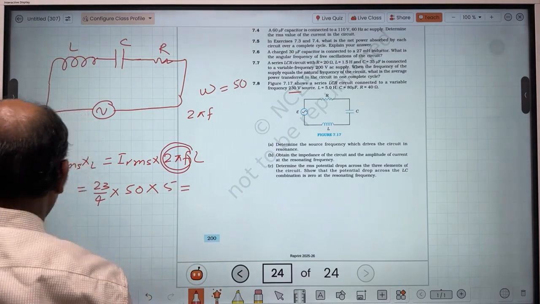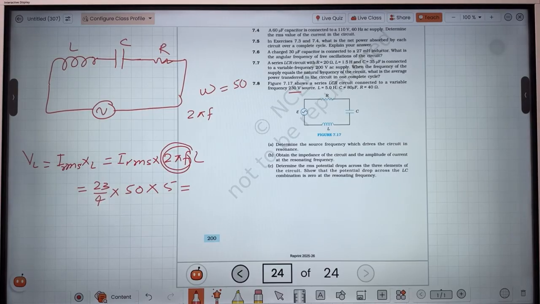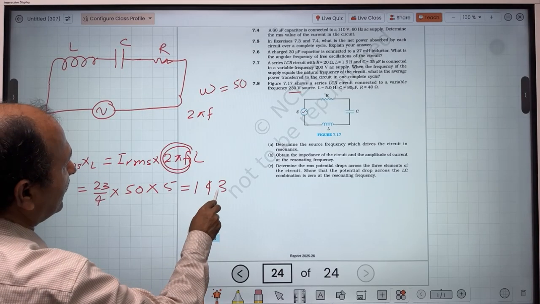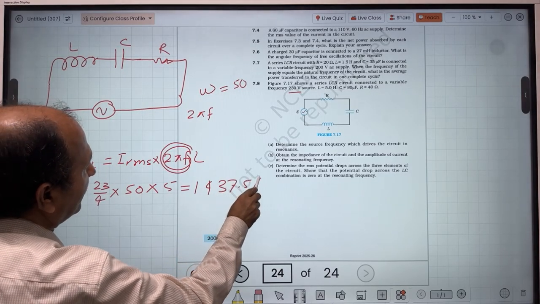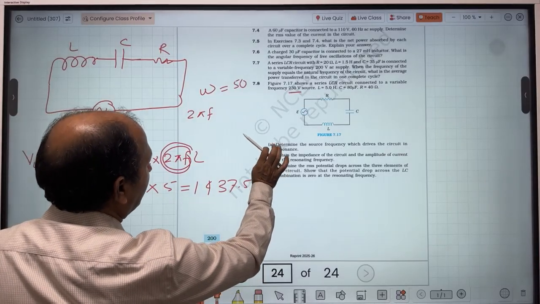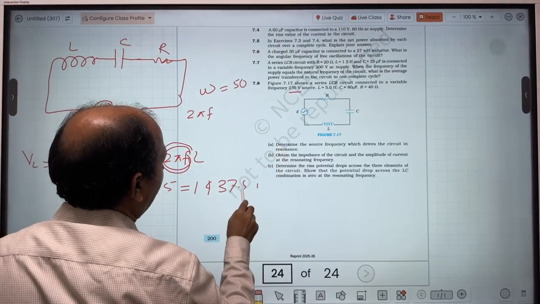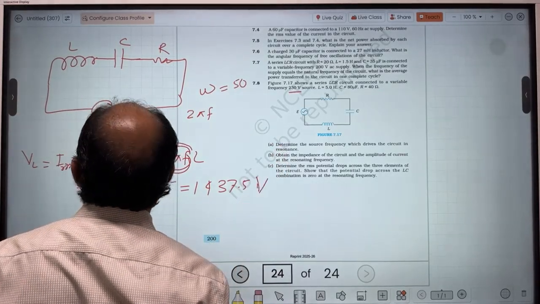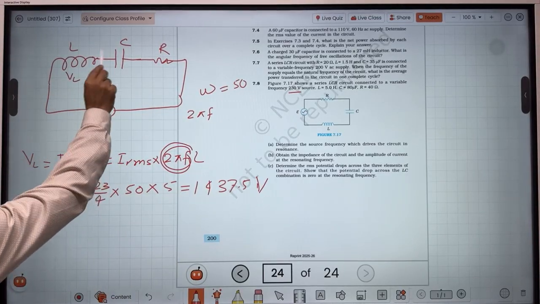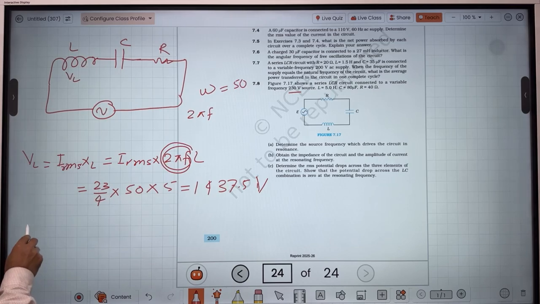So we can find out the voltage will be 1437.5. No, this is not current, this is voltage, right? 1437.5 volt. So this is the voltage across the inductor. We have got VL. Now we have to find out VC.